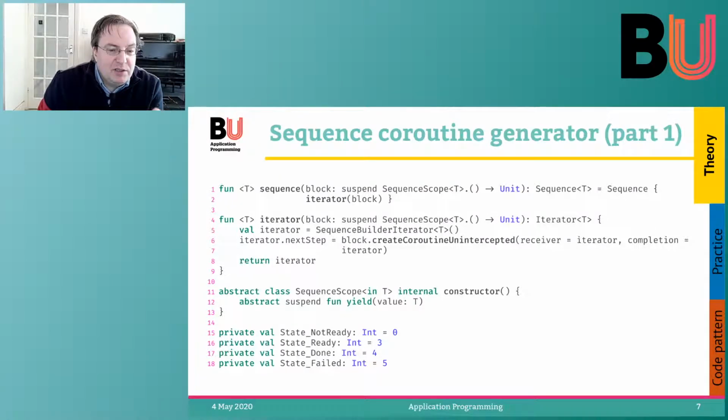So this abstract class provides this. And it says here the sequence scope is a suspend function, and it has a function yield that you can use to provide a value.